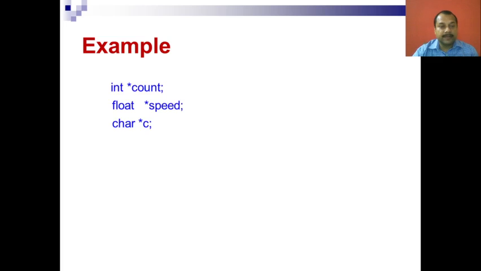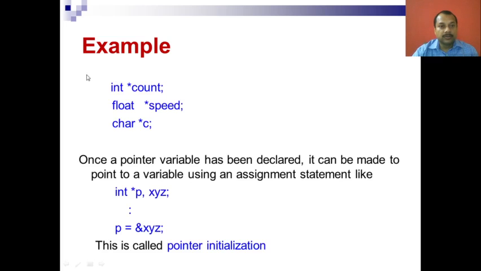So the first example is here now: int *count, float *speed, char *c. Again, count is the pointer variable which will store the address of some integer variable. Speed is a pointer variable which will store the address of some floating point variable.